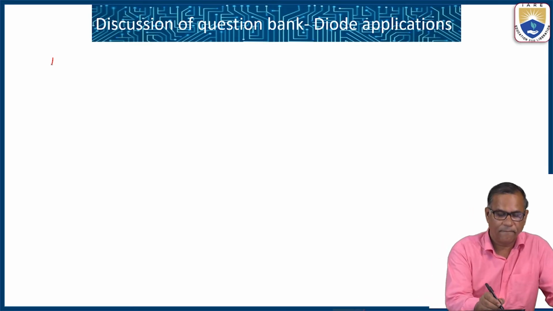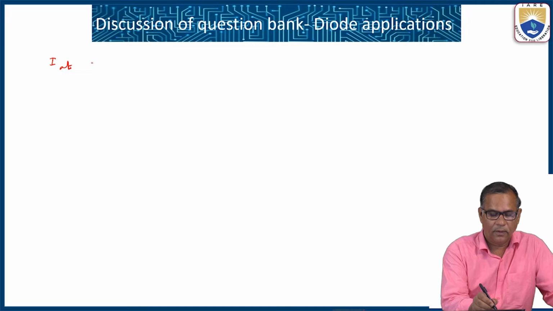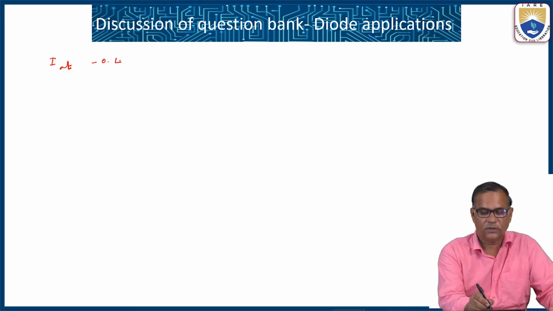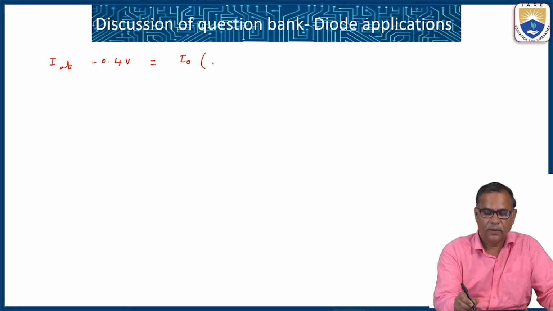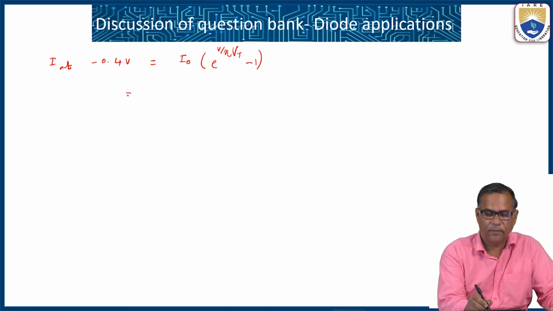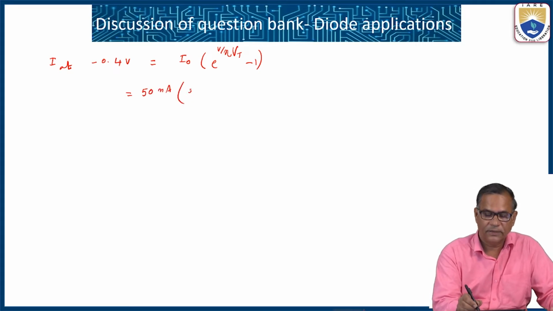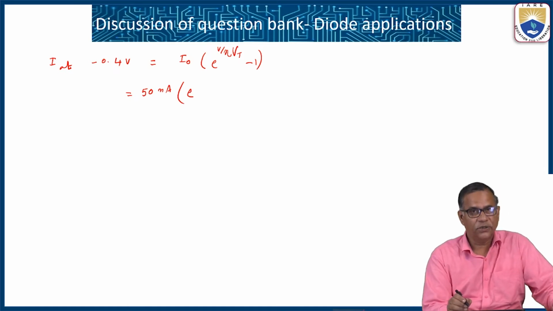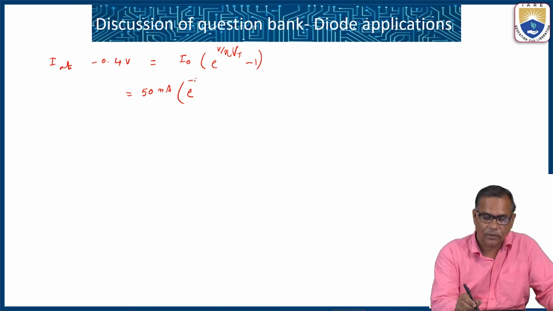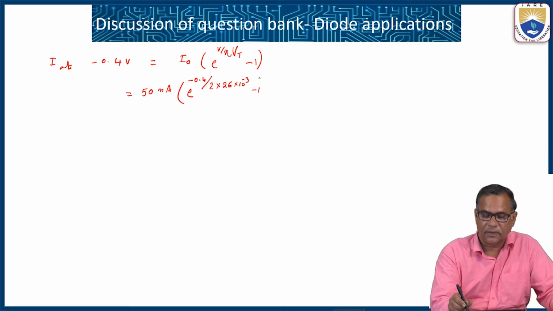I at minus 0.4 volts is given by I naught into e power V by eta Vt minus 1, and I naught is 50 nanoamperes, and V is minus 0.4 volts, and eta is 2, and Vt is 26 millivolts, minus 1.